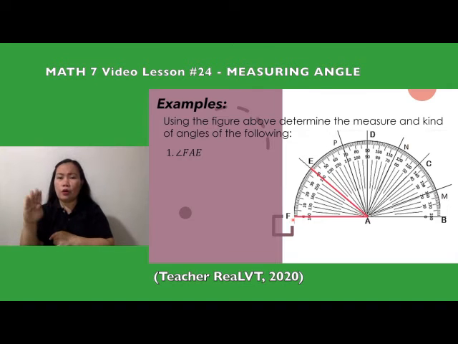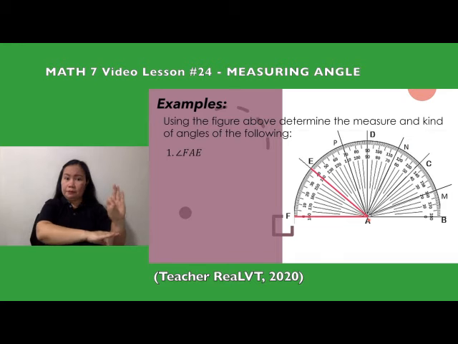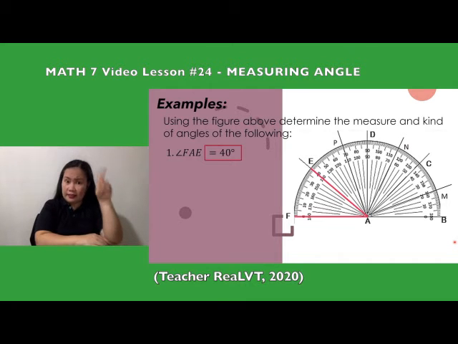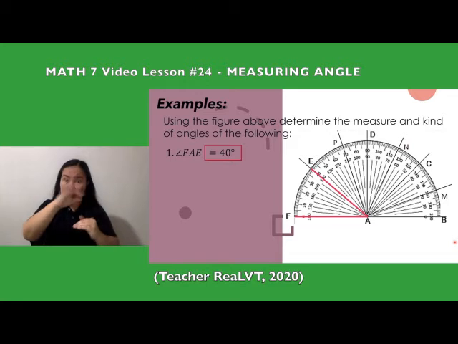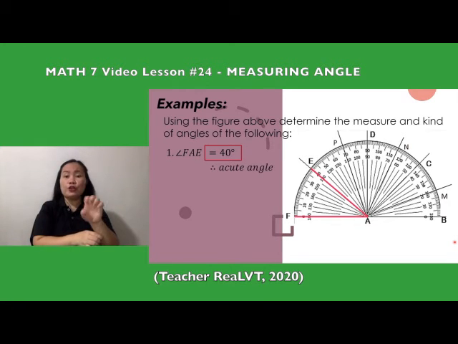Pwede magkapalit ang posisyon ng E at F, wag lang yung vertex which is A. And then, as you can see, yung ating angle ay naglay sa 40. So therefore, angle FAE is equal to 40 degrees. And since 40 is less than 90 degrees, it is an example of an acute angle.